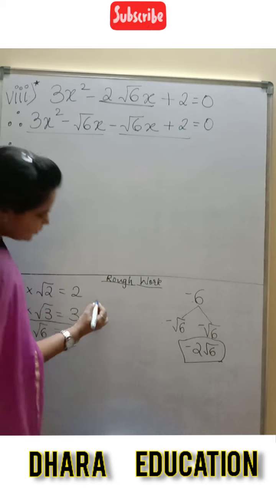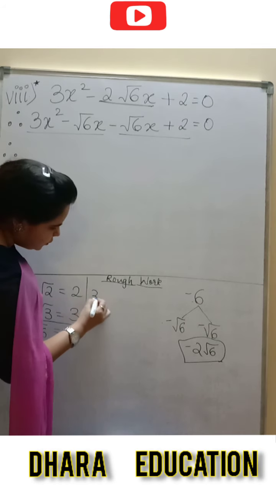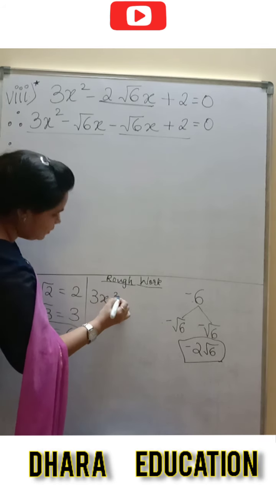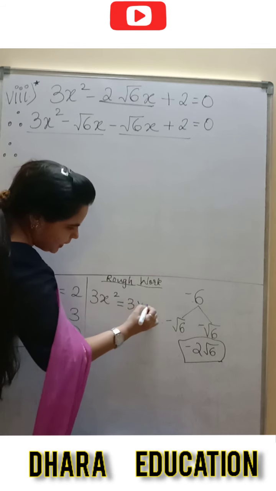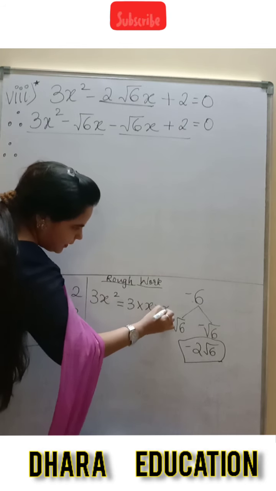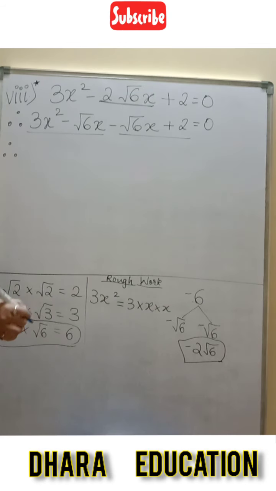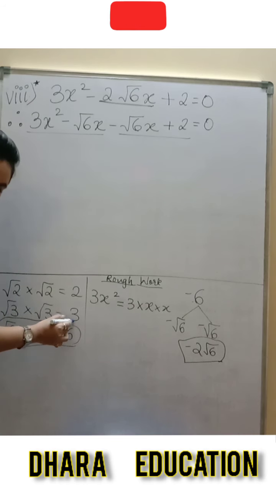See here, 3x square, 3 multiplied by x multiplied by x. But here I have told you root 3 multiplied by root 3 gives you 3.